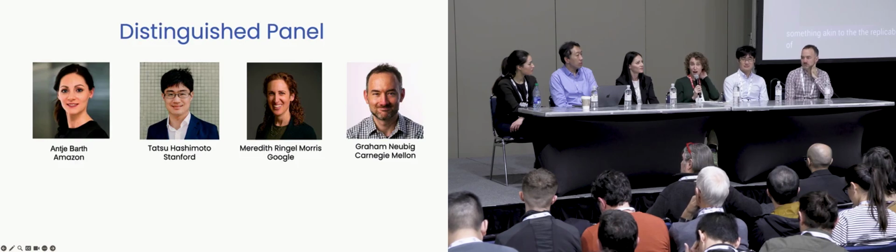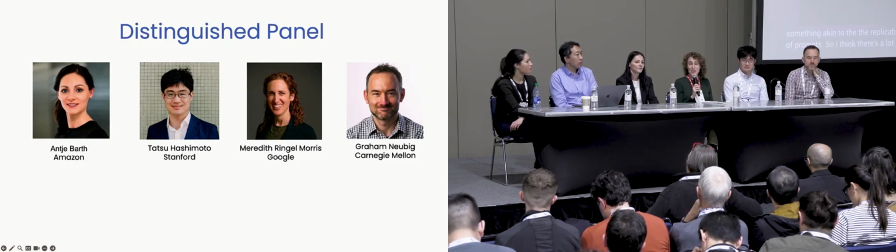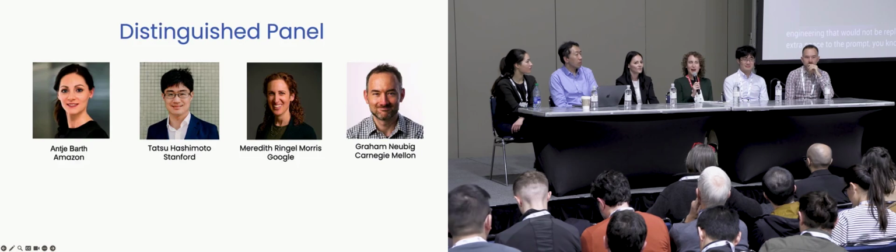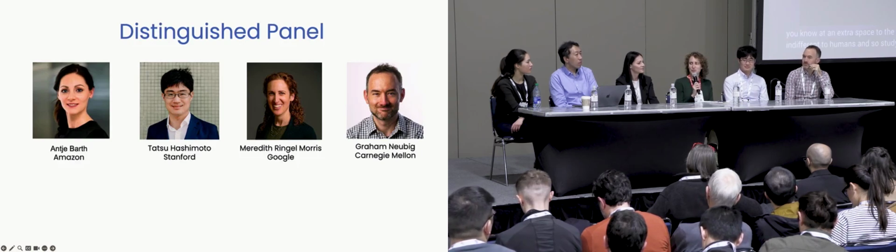So I think there's a lot of work out there right now that's heavily dependent on some very careful prompt engineering that would not be replicable or robust with even minor changes, like adding an extra space to the prompt, things that would be semantically indifferent to humans. And so studying that and understanding it, I think, is actually really important for us as a field.